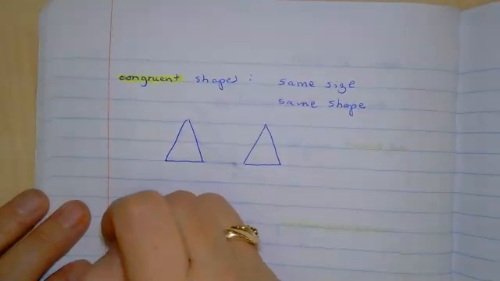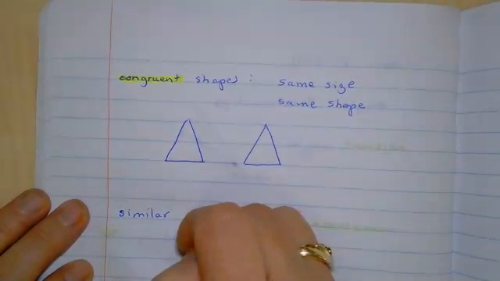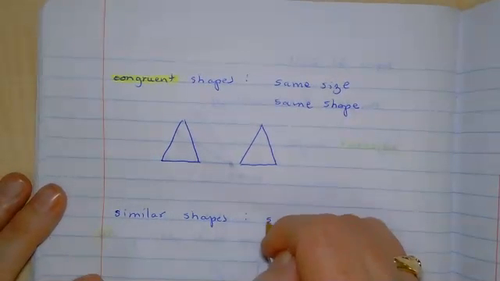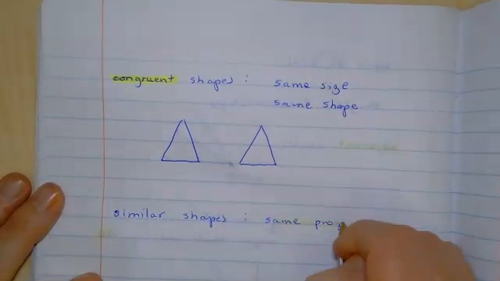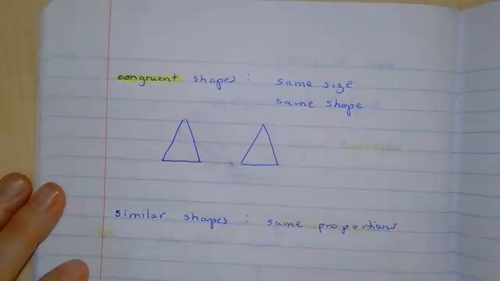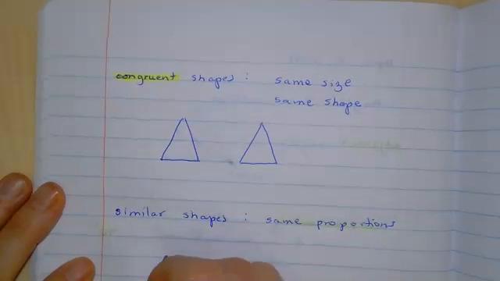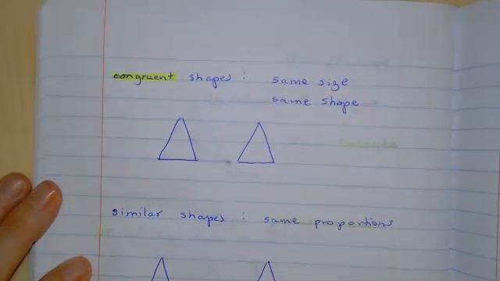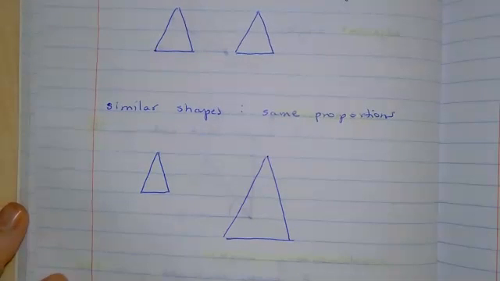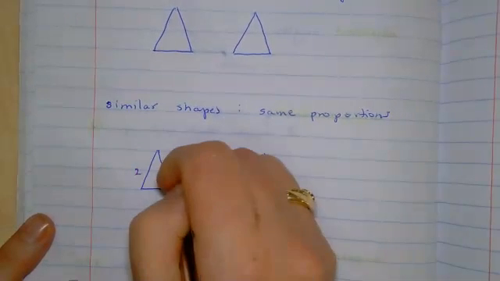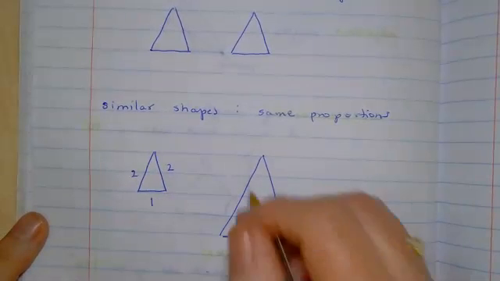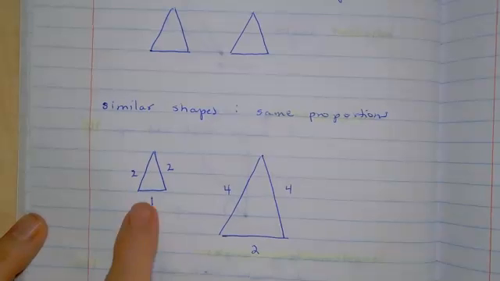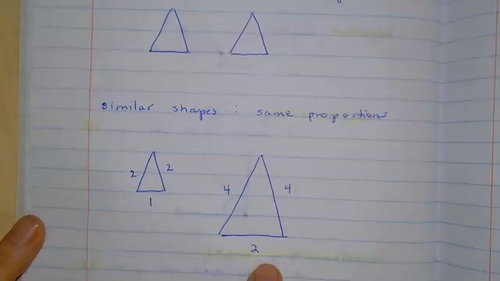So that's a little bit different. They have the same proportions. But they would be like this. They're not the same sizes. So this is kind of double. It's the same shape, but it's not the same size.